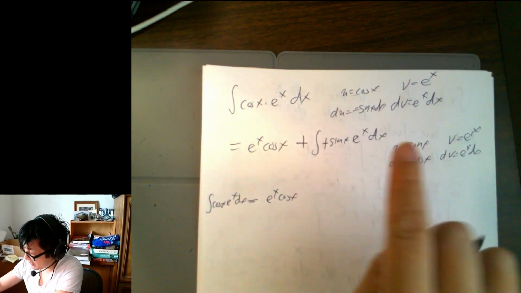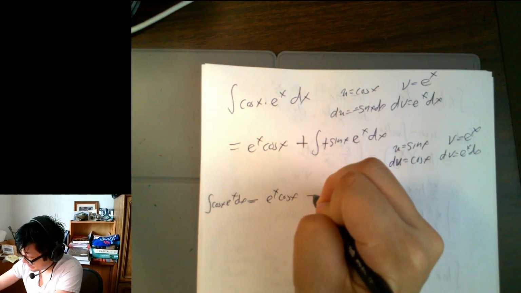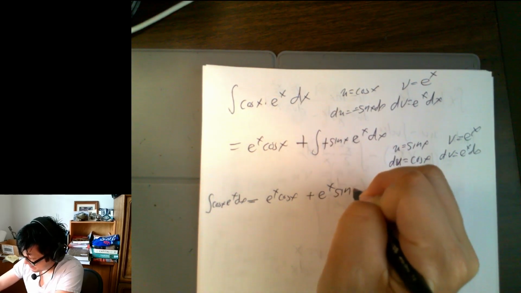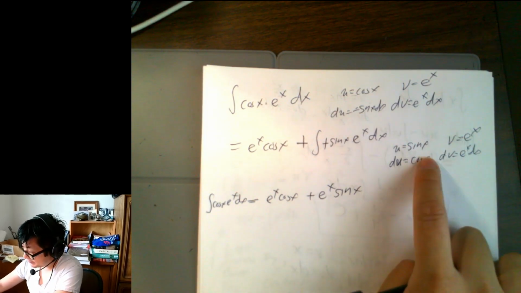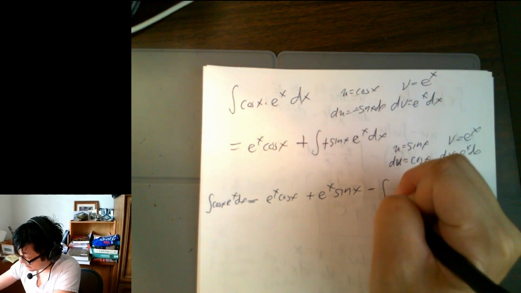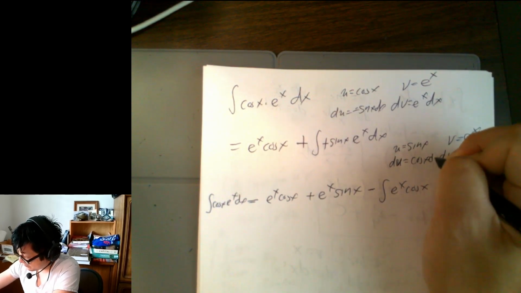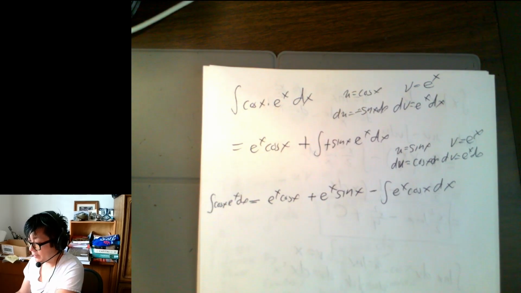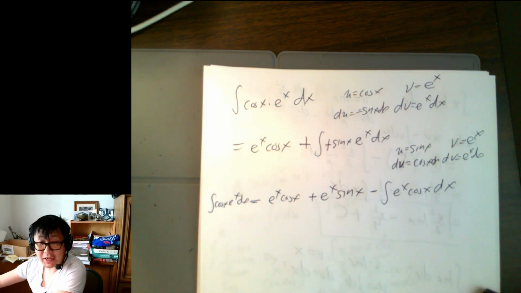Like this. And so I have u times v minus the integral of v du and I'm back where I started. So you could do this an infinite number of times.